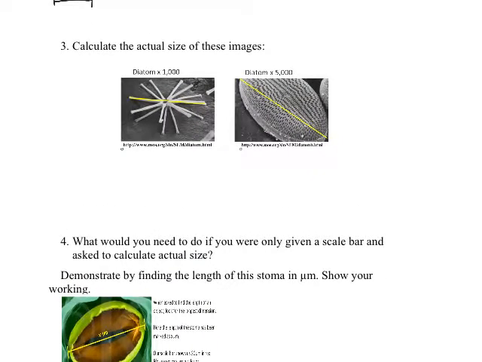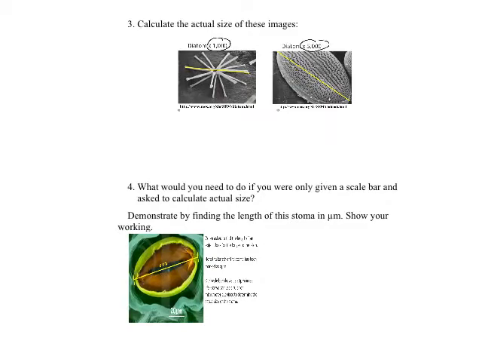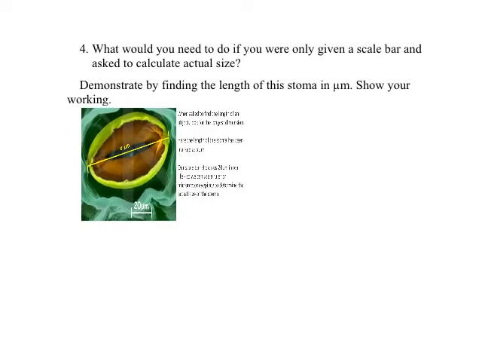And you're going to do the exact same thing with all of these. They're giving you the magnification, and you have the actual size, these yellow lines, and you just need to measure those. You don't have the actual size, you have the scale bar size, so then you need to measure those with a ruler. And that should be able to give you the actual size.